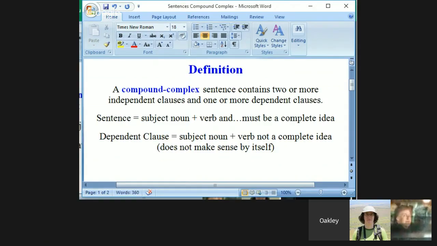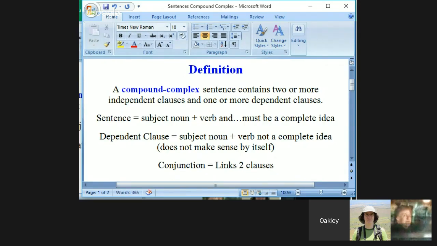Now, speaking of conjunctions, what's a conjunction? The conjunction is the link between the dependent and independent clause. That's okay. It links two clauses. Now, you're getting a little ahead of me, because there are two types.